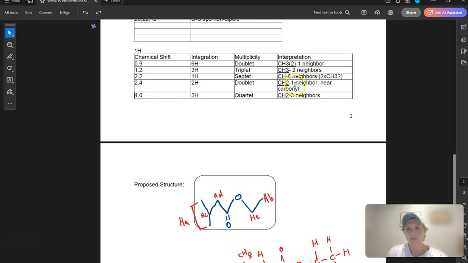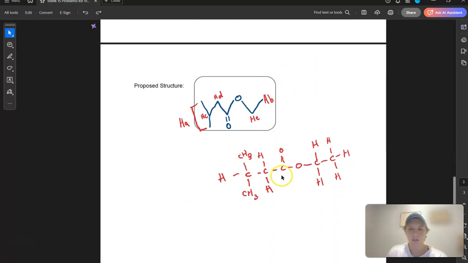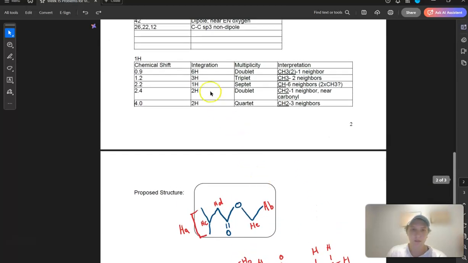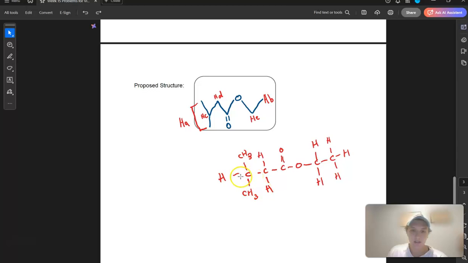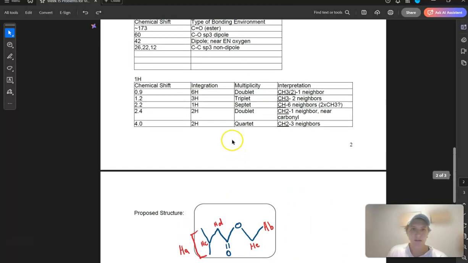And again, I'm assuming it's near the carbonyl. So I went down here, put in our CH2. I'm assuming that that one neighbor is a CH. So again, as a placeholder, I put that CH in there and went back up to see what else we had left. And then at 2.2, 1H, so there's the CH that I had assumed was there.